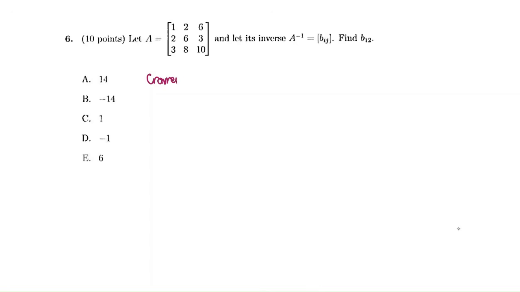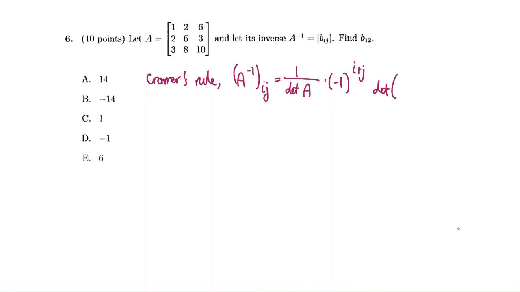So from Cramer's rule, the inverse of A, the i, j entry, is going to be equal to 1 over the determinant of A times negative 1 to the i plus j times the determinant of A_ji, where this matrix is the matrix when you delete row j and column i.